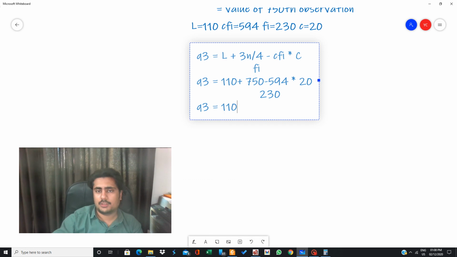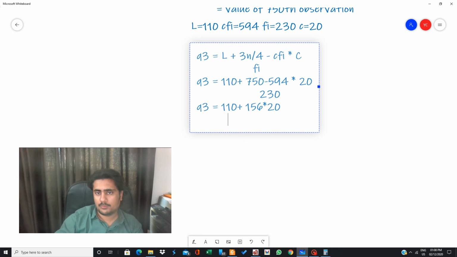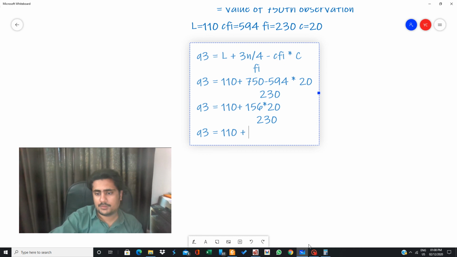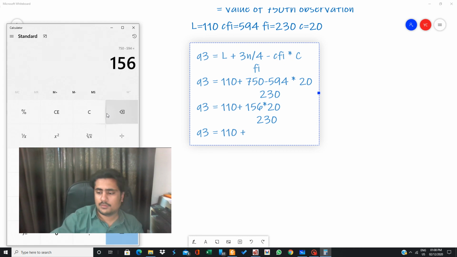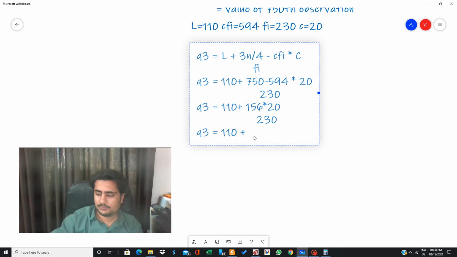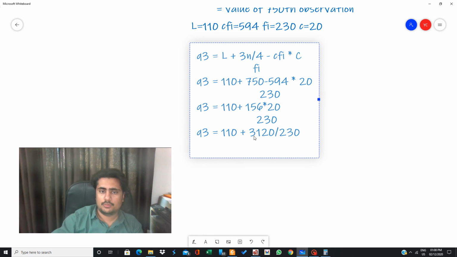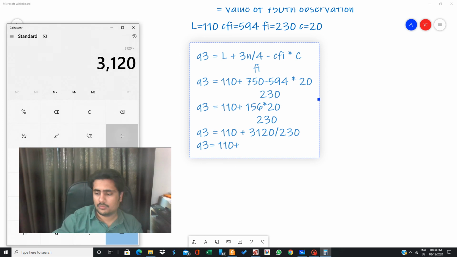So my Q3 is 110 plus 156 into 20 upon 230. Now 156 into 20 is 3120 upon 230.